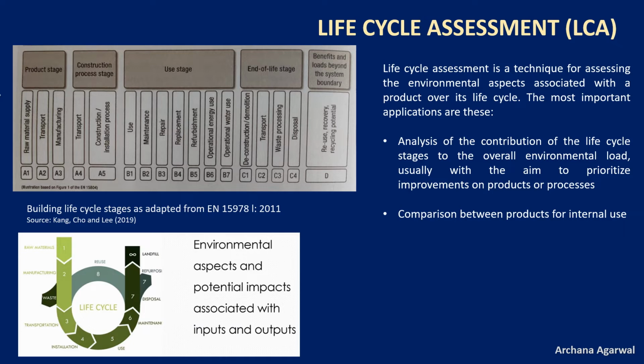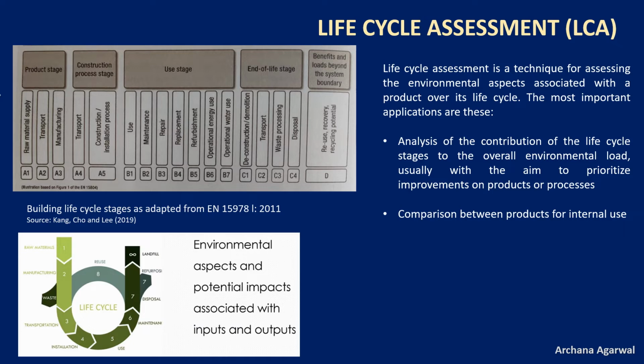For ease of analysis, the building's life cycle is divided into 4 stages, which are material production, construction, use and maintenance, and end of life, as seen in the figure on the screen.